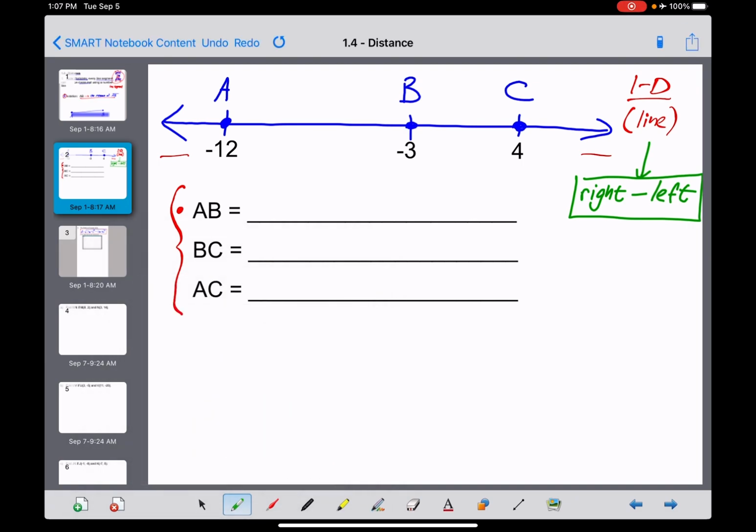So line segment AB ends at point B, which is right here at -3. So going with right minus left, the right endpoint of AB is -3. So there's my right endpoint, -3, minus the left endpoint right here, which is -12. Now I'm subtracting a negative number, and I'm hoping you guys can do this without a calculator.